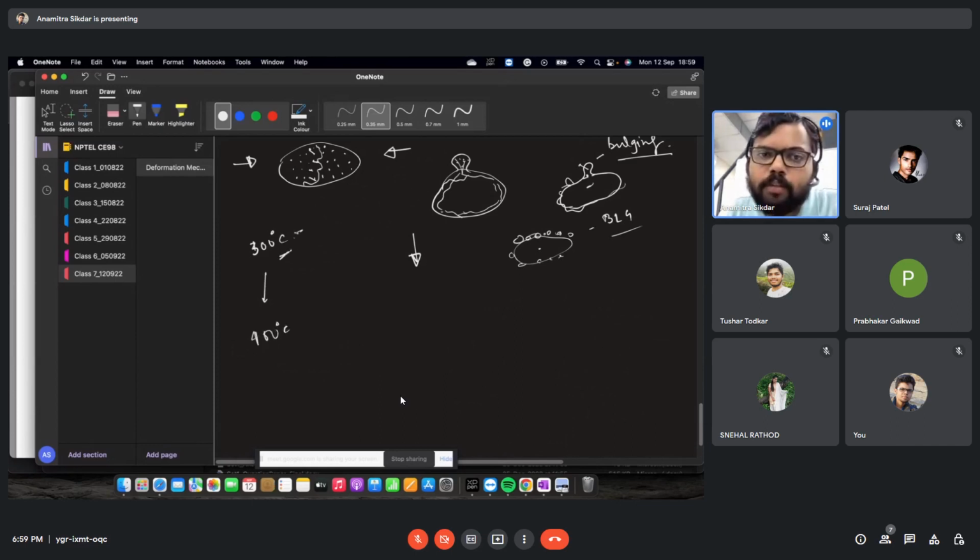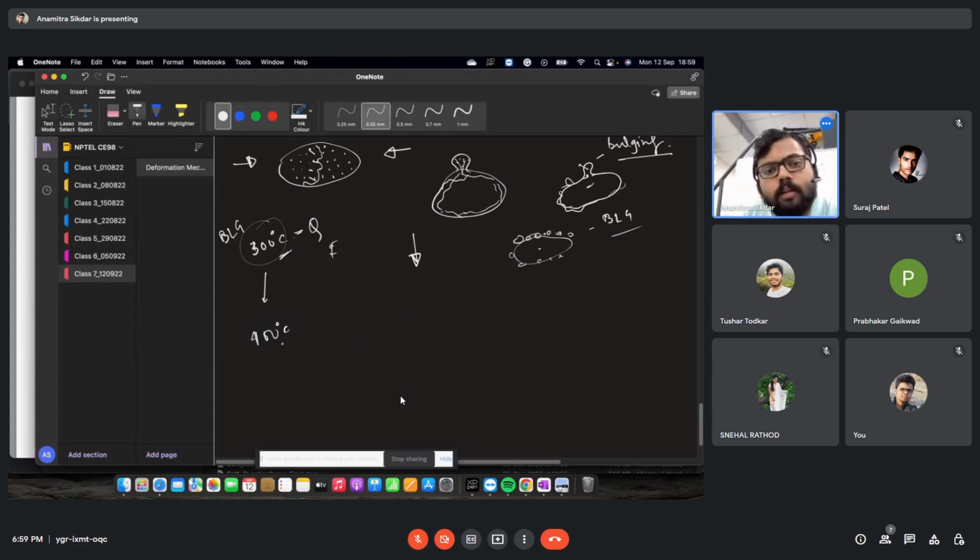It doesn't mean that if it happens at 300 degrees centigrade for quartz, it has to happen at 300 degrees centigrade for feldspar also. For feldspar, the bulging may initiate at 400 or 500 degrees centigrade, right? So it is a mineral specific range.